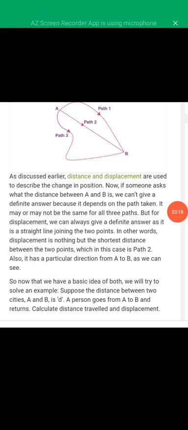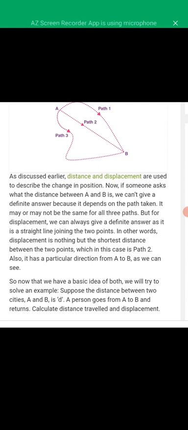All right, so now like I said, distance is a scalar quantity, displacement is a vector quantity, but they are used interchangeably most times in physics. From the notes on the screen, we can see the explanation, the difference between them. They are used to describe the change in position. If someone asks what is the distance between A and B, we can't give a definite answer because the distance depends on the path taken.